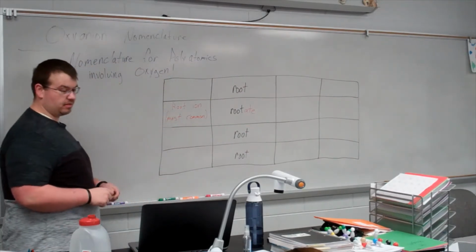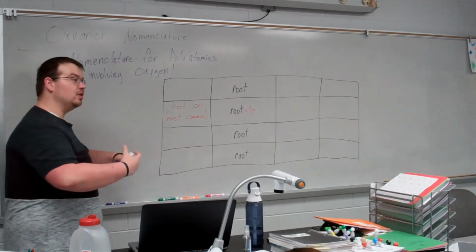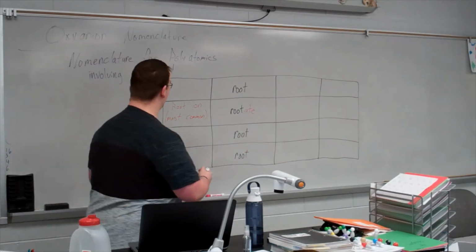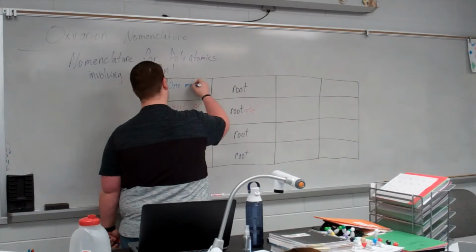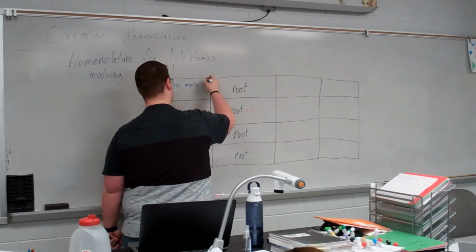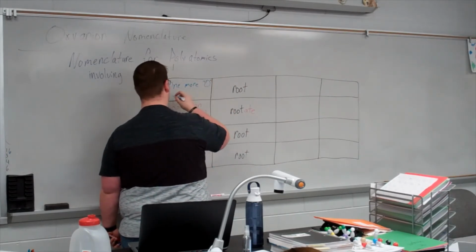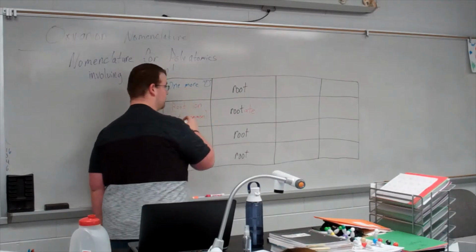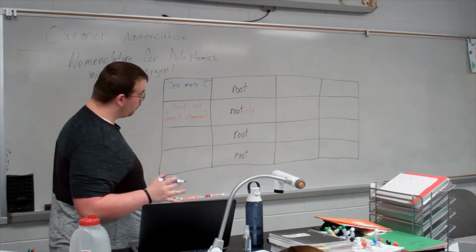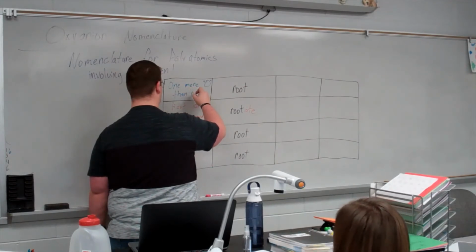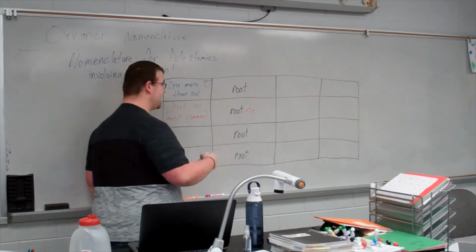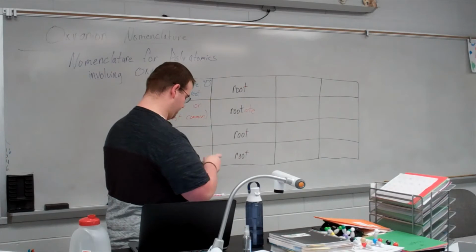From here, we're going to literally look at adding oxygens. So if we add one more oxygen, you're just adding one more than the root. The ending stays the same.